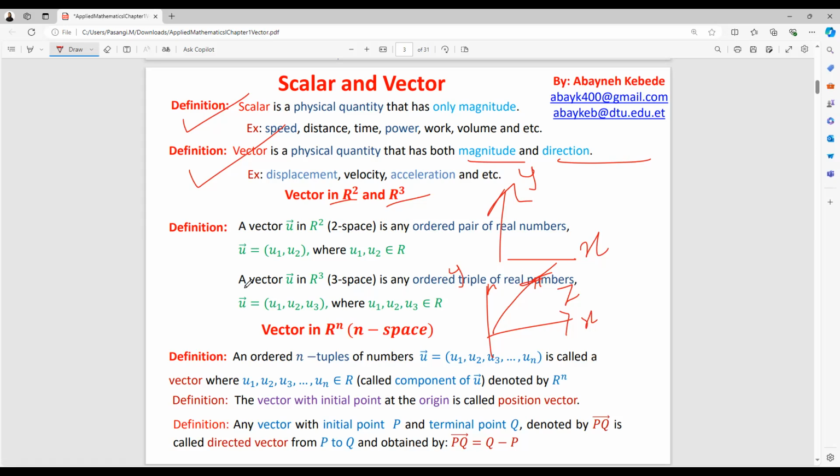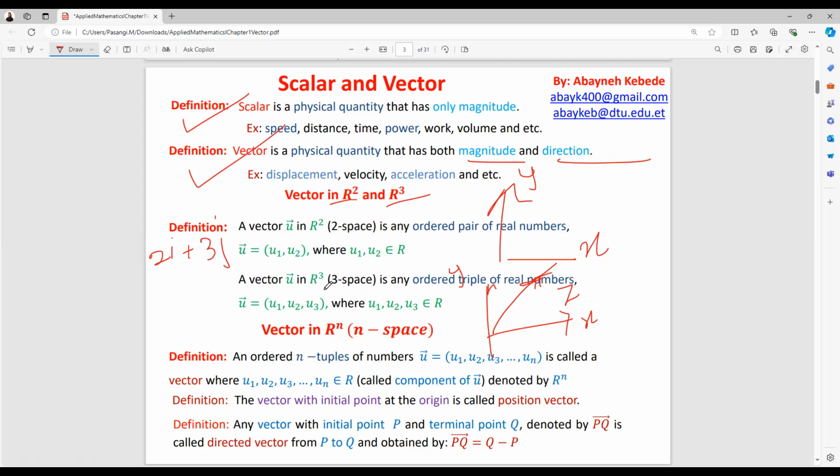So for a vector u in 3D space, which we call R cube, we should have three real numbers. For example, in 2D we have something like 2i plus 3j, only i and j, which means two axes.